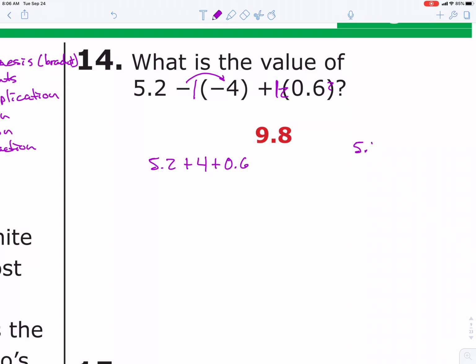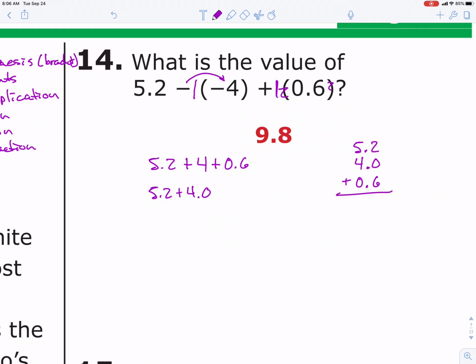Vertically add 5.2. I've got this 4. I need to have a decimal, 4.0. I've got to line up all my decimals and just add down. See what I did? So really I had 5.2 plus 4.0 plus 0.6. You can do that.